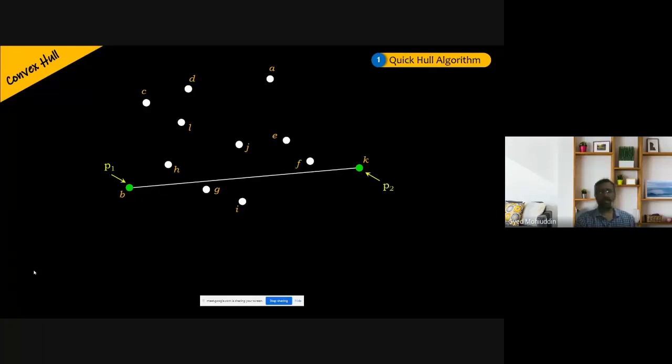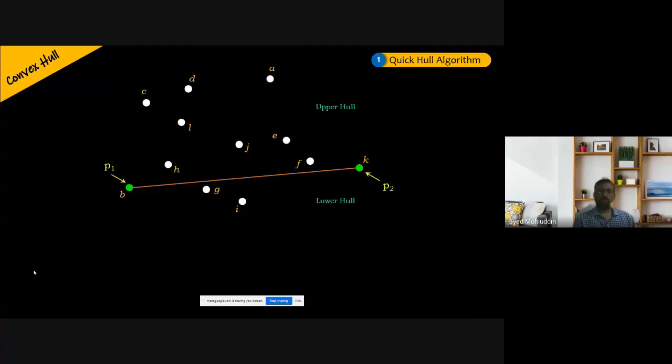So this is like a line drawn, and based on this segment, we divide this whole set of points into two sets. One is sometimes called the upper hull, and the points towards the lower end are called the lower hull.